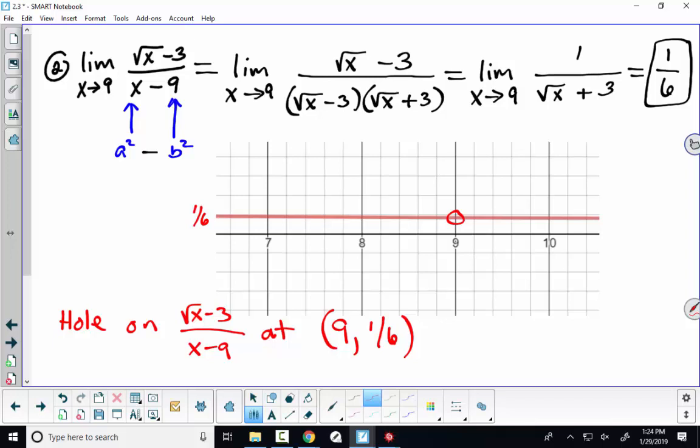When you're doing the ordered pair, if it's x approaches 9 or x approaches 1, is the x value always 9 or 1 in your ordered pair? Yeah. We're approaching 9 here, so the x value was 9. The last example, x was approaching 1, so that x value was 1 for the hole.